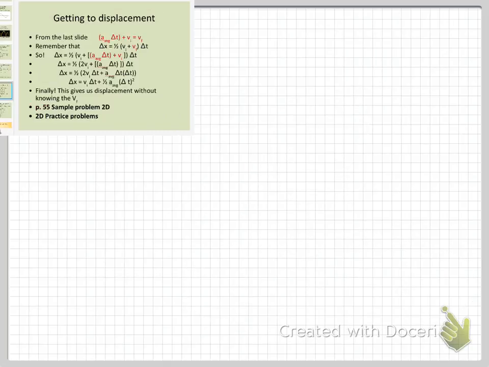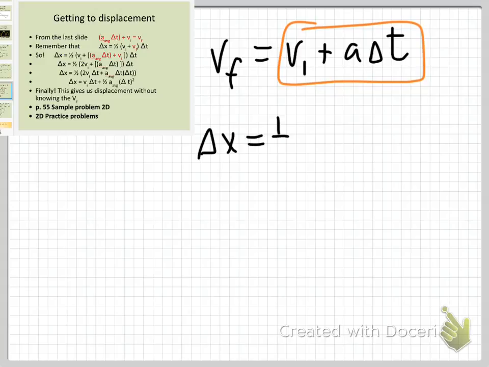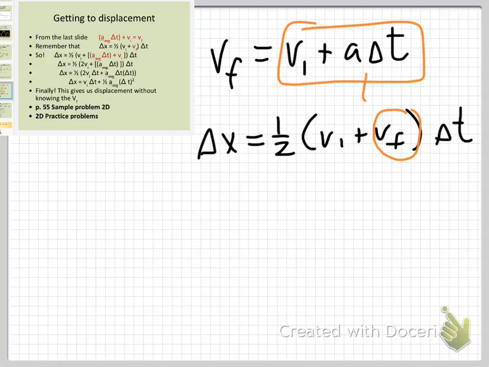This is one of the slightly hairier bits of derivation. So if we remember that we have this, which of course you remember, we just did it. Note that this is all equal to VI. Now, we already said that delta x equals 1/2 VI plus VF delta t. Well, we have this VF here, which means we can plug that whole mess into there.